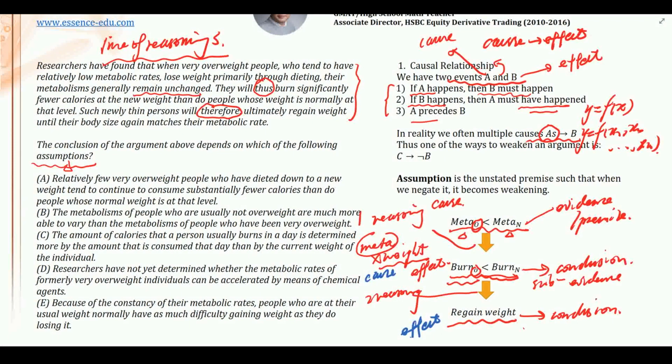In marketing, we have something called the 4P: price, promotion, place, etc. So one effect is dependent on many factors. That's why causes are also called, in logic, factors. They mean exactly the same thing.